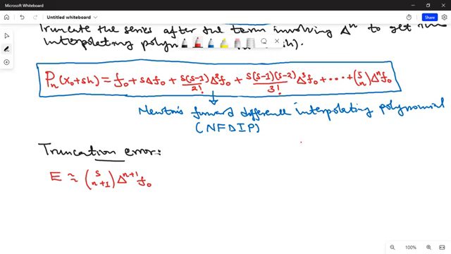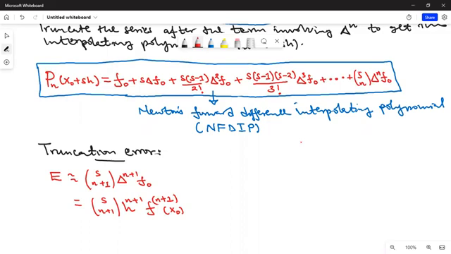This is the same as writing s combination n plus 1 h raised to n plus 1 times the n plus 1th derivative of the function at x naught.